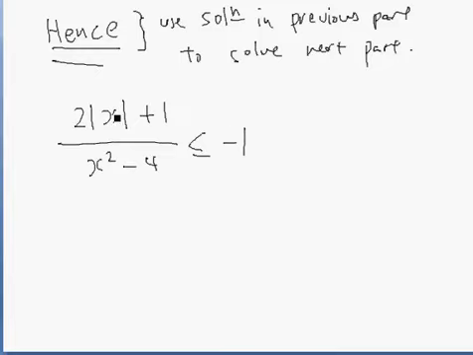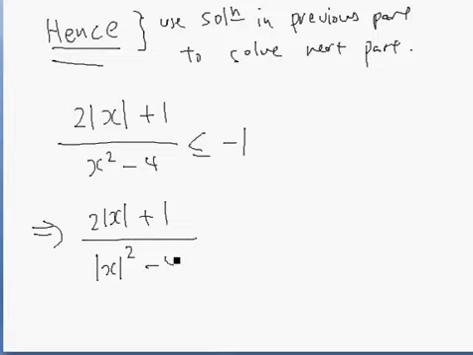So if you observe closely, I can write x squared as modulus x, whole thing squared, minus 4, less than or equal to 1. And if you compare with the original inequality, it is obvious that you should sub modulus x with x.